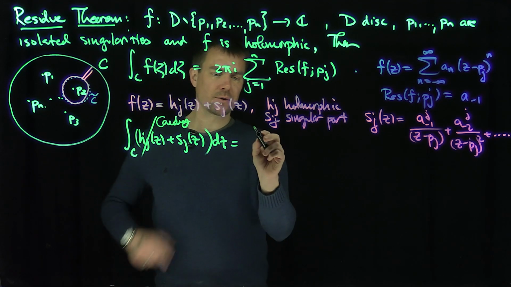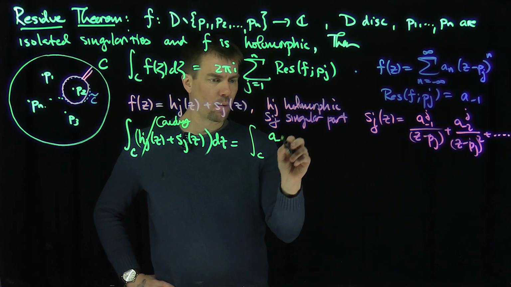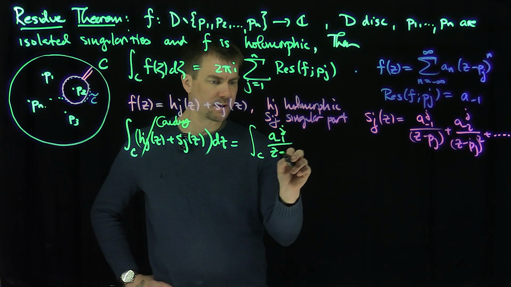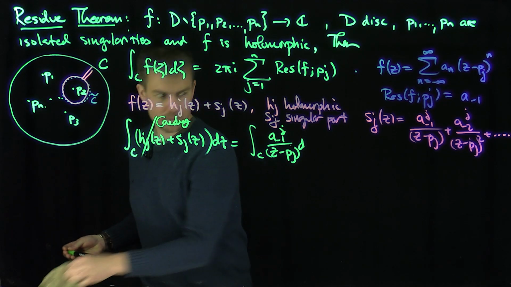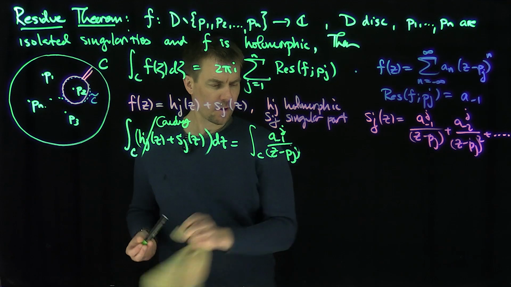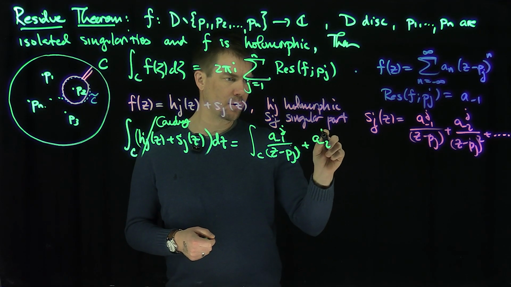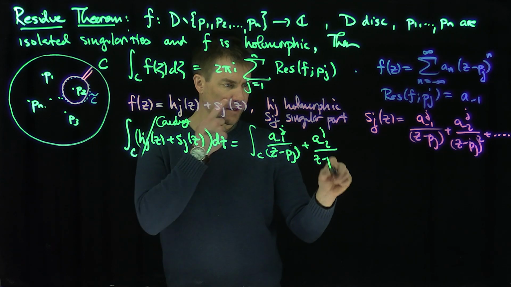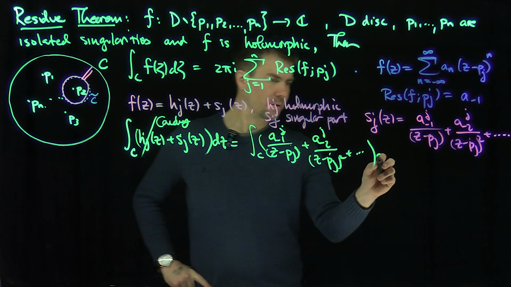What does the sj integrate to? This is the integral over C, and I'm going to plug in this expansion. It's a_{-1,j} over z minus pj dz, plus a_{-2,j} over (z minus pj) squared, and so on, dz.